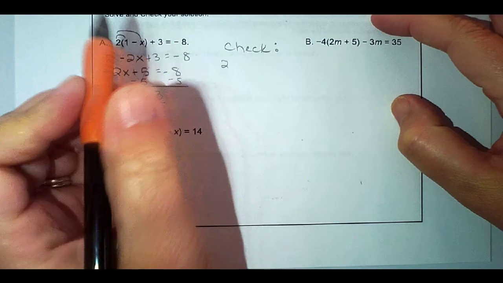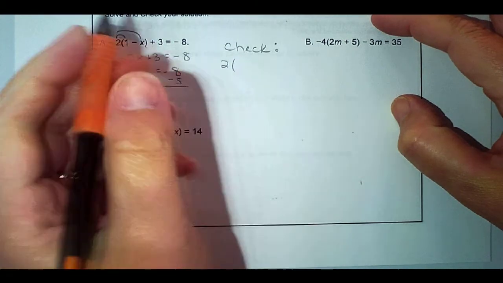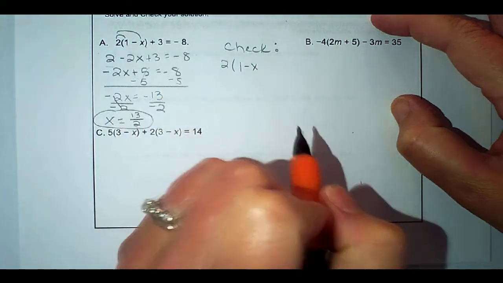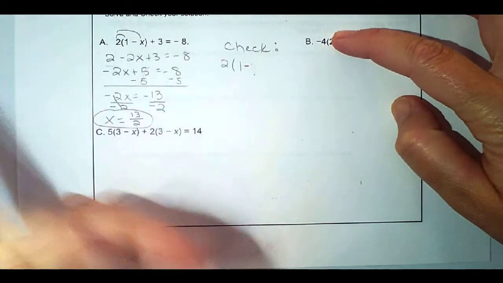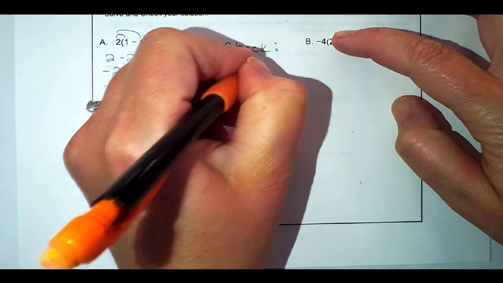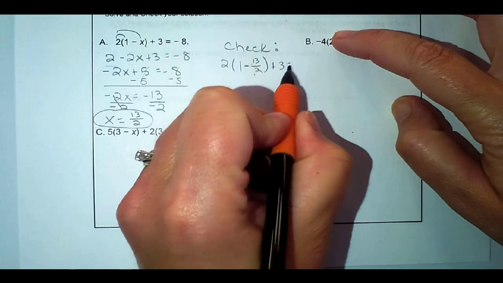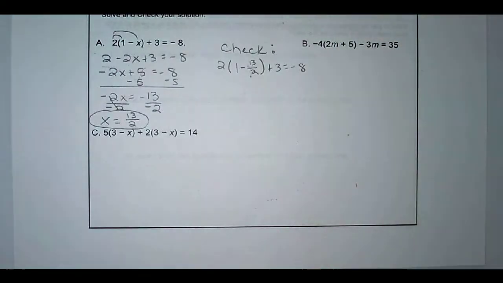So I have 2 times 1 minus x, 1 minus 13/2, plus 3 equals -8. So order of operations says that I need to do what's inside of the parentheses first.